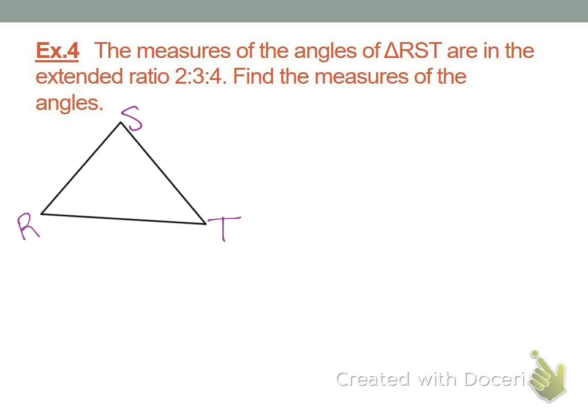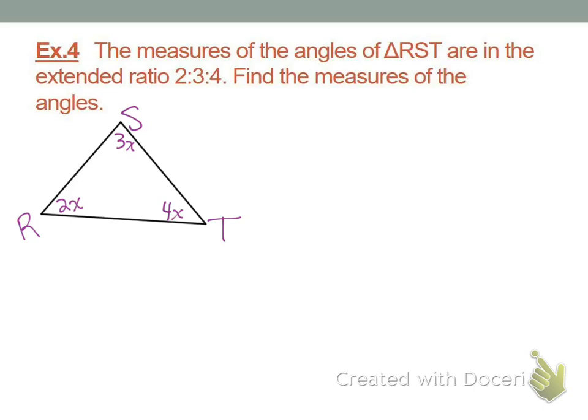So, again, I am not going to label these angles as 2 degrees, 3 degrees, and 4 degrees. What needs to go by them? An x. Because that way, if we were to put them in a ratio with each other, no matter what number x ends up being, it would always reduce down to 2 to 3 to 4.